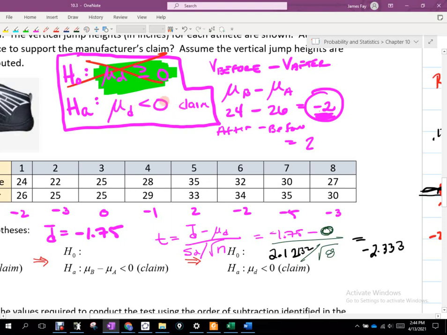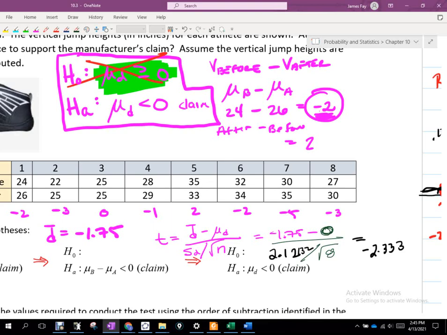And in words, the claim was that you increased verticals. So we have sufficient evidence from the data that vertical heights do increase through the use of these shoes. Okay, which would be a nice marketing tool for strength shoes, right?